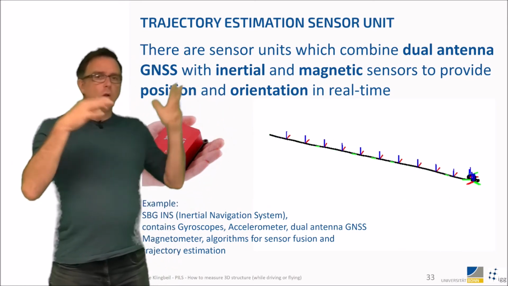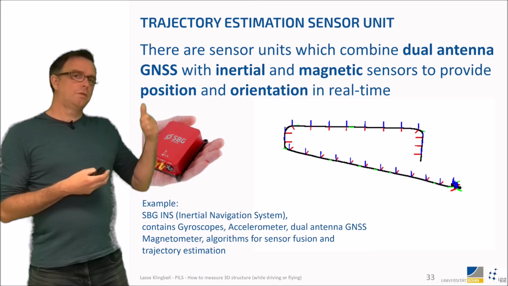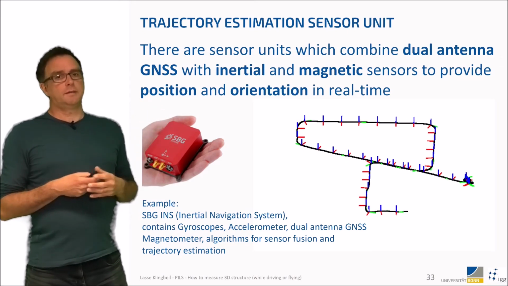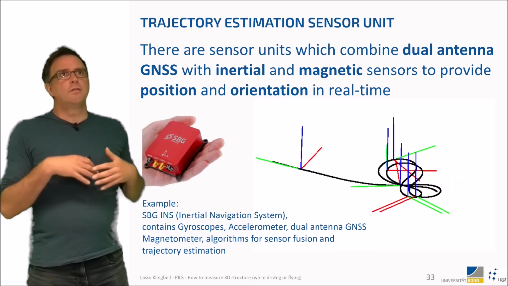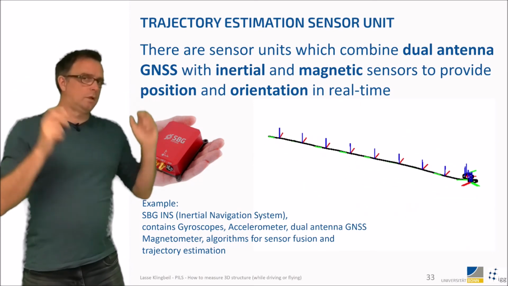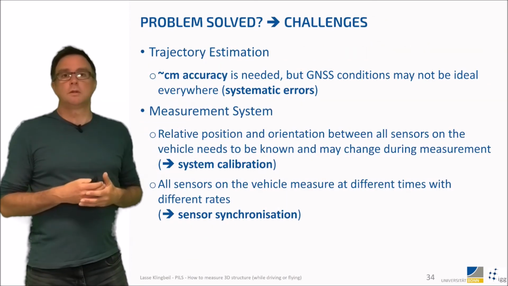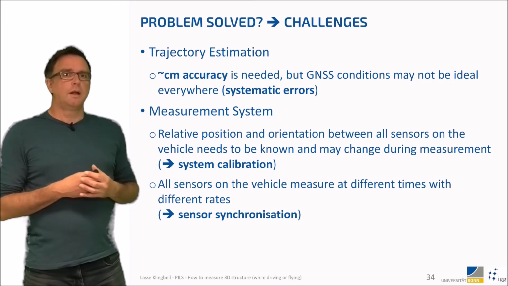So it combines all these sensors already, and it even has some algorithms running on it, which give you a position and orientation. There are still issues with it, but this is a good starting point because it gives you basically what you need if the conditions are good, let's say. So, problem solved. Everything's fine now with this theory.